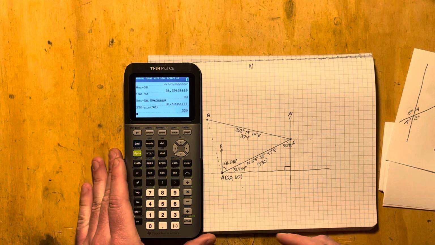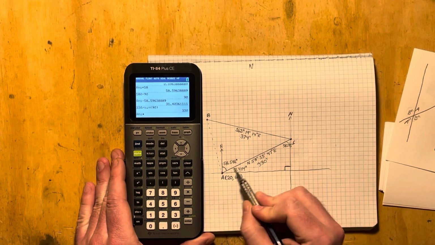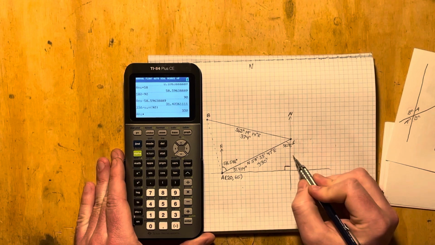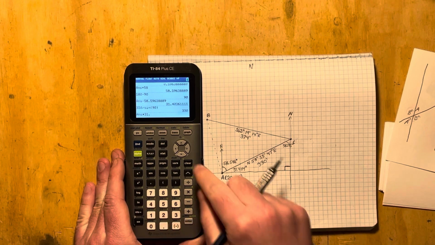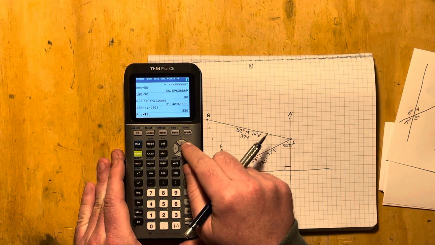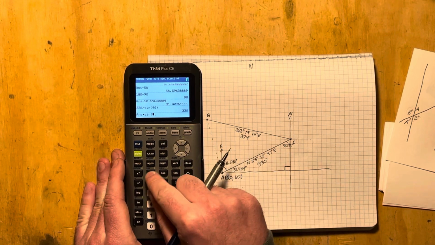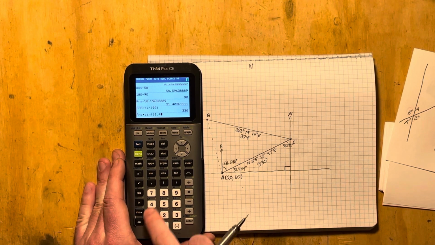Now we can multiply that by, let's go for this angle here, because we want to get this opposite side. So sine 31.404.